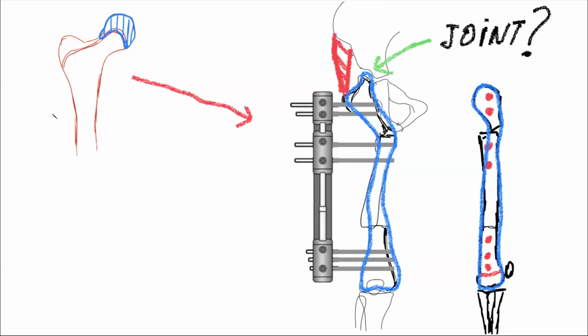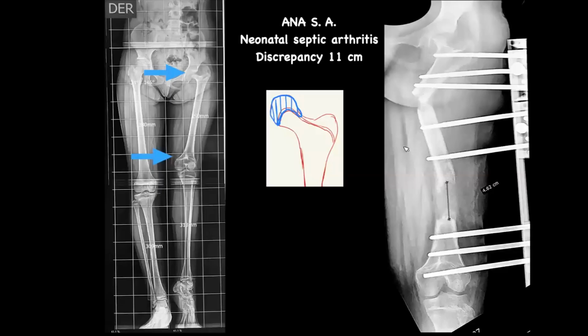This is the type where the patient had necrosis from septic arthritis of the head, but started to develop a joint between the neck and the acetabulum. In a case like this one, it was a very big septic arthritis, and the lady also had septic arthritis of the knee, and the physes closed on both sides of the femur.